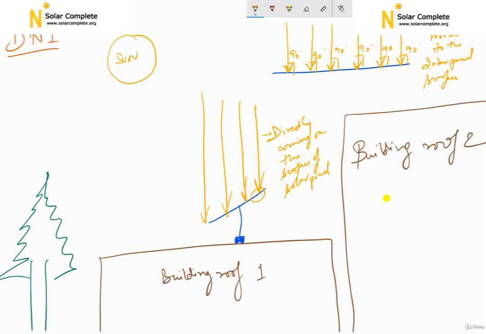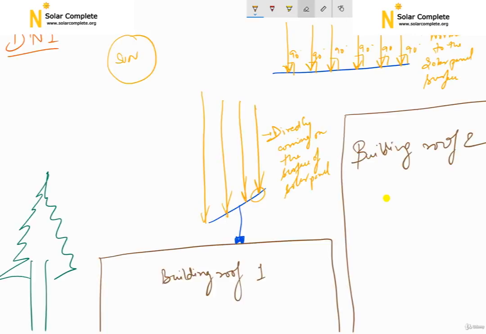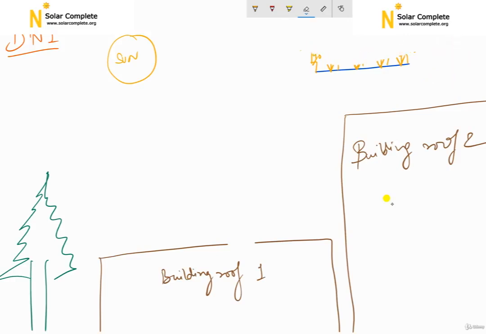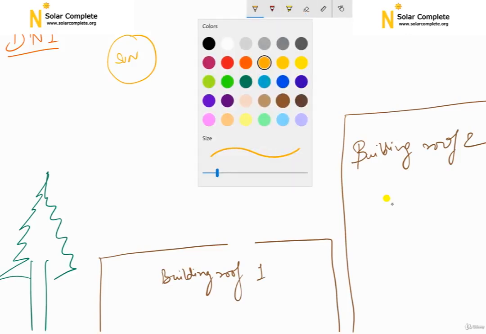Okay, so it can be shown like this. This can be a case where they are directly coming, but the second condition is not happening. That means at a 90 degree angle they are not hitting. They are hitting at an angle but not 90 degrees. That's why they are not in the category of DNI.